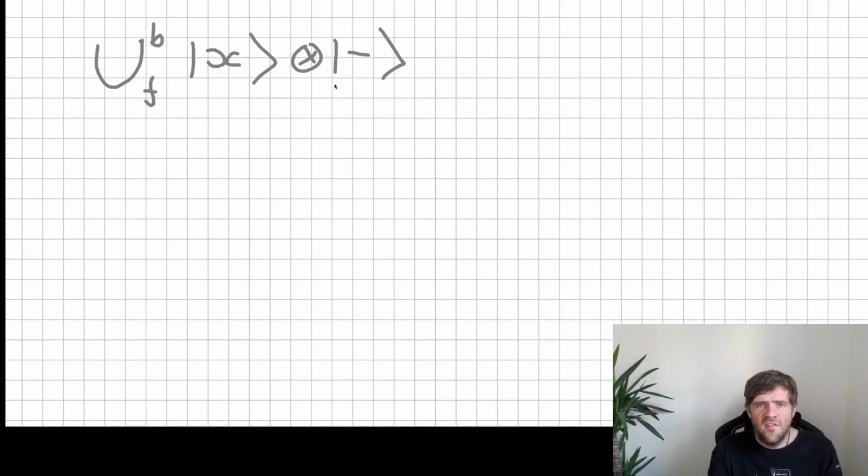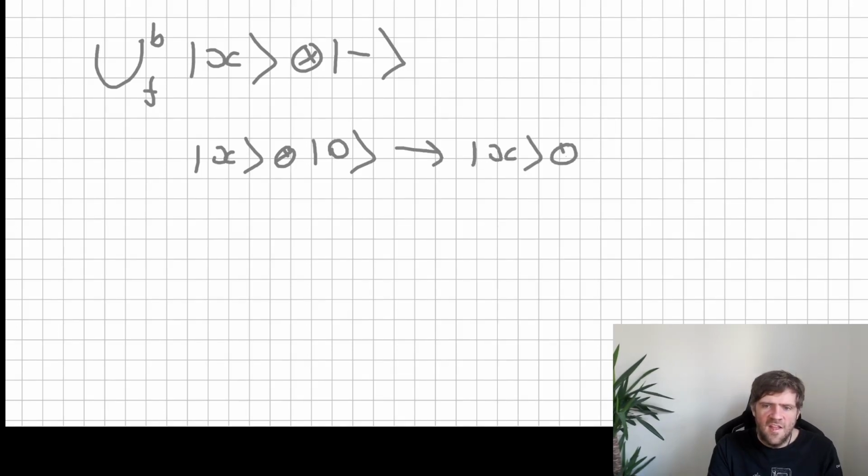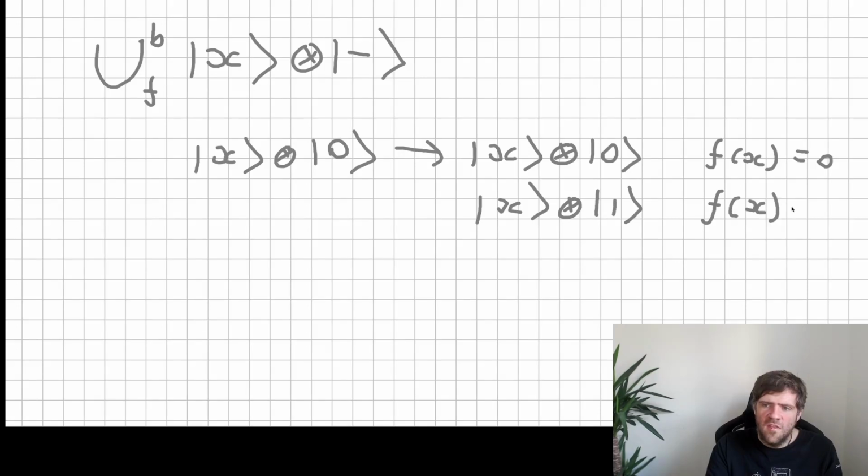Well, the action of the Boolean oracle is one which takes x tensor 0 and gives us x tensor 0 in the case that f(x) is 0, and gives us x tensor 1 in the case that f(x) is 1.